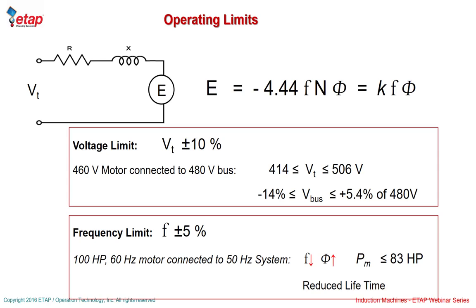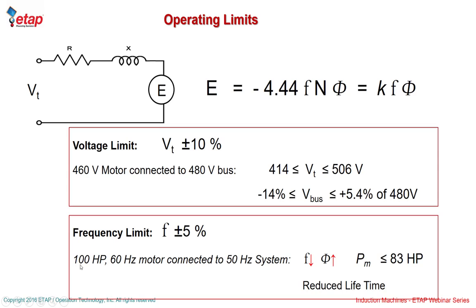Notice again, if you increase the frequency by any value, and the terminal voltage is fixed and the back EMF is fixed, the flux is going to go down, or by decreasing the frequency, the flux goes up, and that introduces extra heating in the machine stator and rotor windings, and you pass the heat limit without really having an overload condition. It's just by changing the frequency.